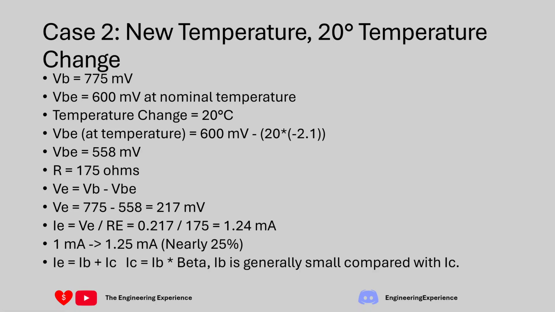We are ignoring IB in this case because it is generally very small compared to IC and IE. So IE is approximately equal to IC and we can ignore IB. IB would add a little bit more current to IE, but that doesn't really matter because we're going on approximations here anyway.